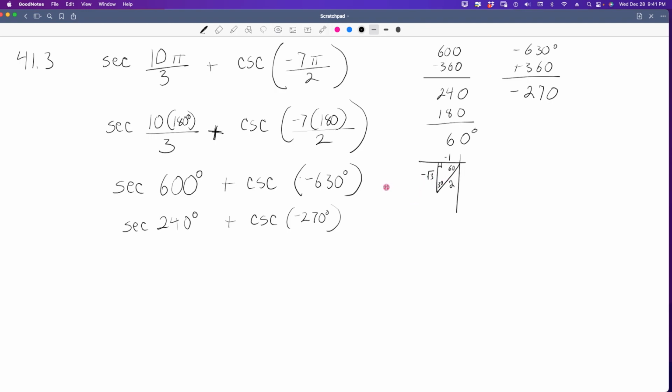And the secant, let me look back at my notes. I encourage you to have your reference notes handy. So the secant of 240 is going to be the hypotenuse over the adjacent side. So 2 over negative 1 plus, and then the cosecant of 270, this is exactly on the terminal angle.